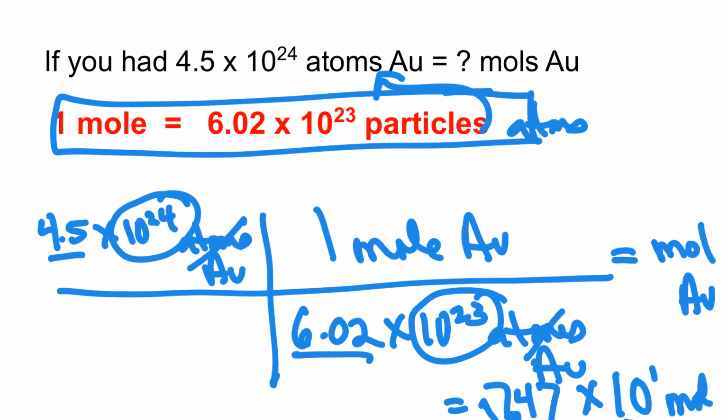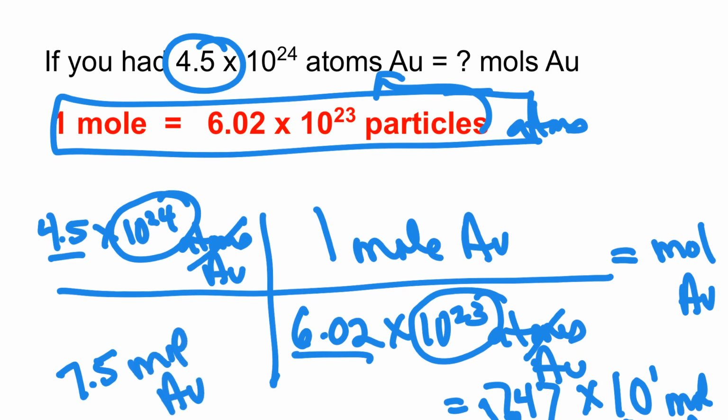So that's 10 to the 0 or just 1. And it looks like I have 2 sig figs, and so this would round to 7.5 moles of gold. Right? 7.5 because 10 to the 0 is 1. All right? So hopefully that's a good introduction, and you'll do some more practice in class.